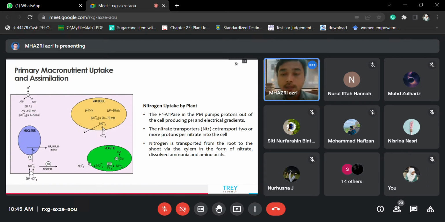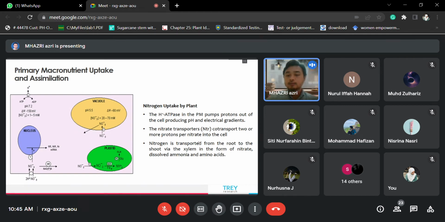Okay, the proton ATPase pumps in plasma membranes pump protons out from cells, okay, and then produce pH and also electrical gradients. So the nitrate transporter will co-transport two or more protons per nitrate into the cells.